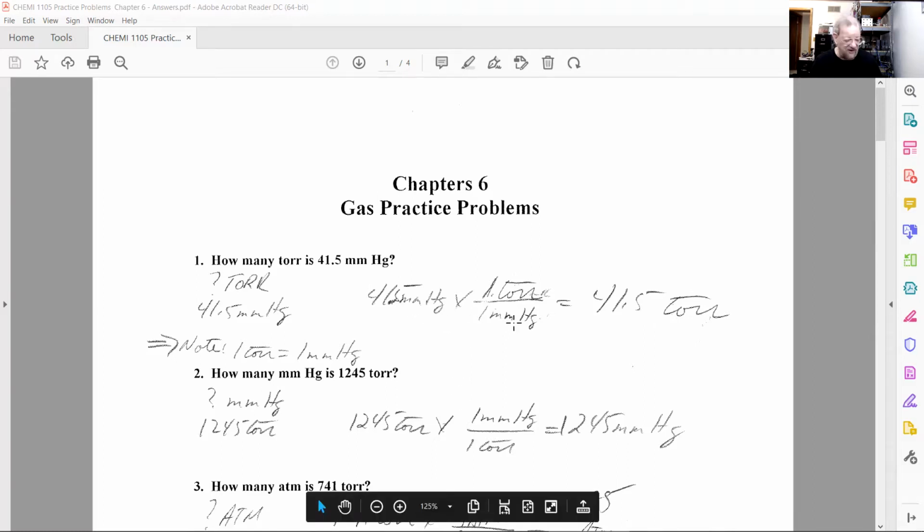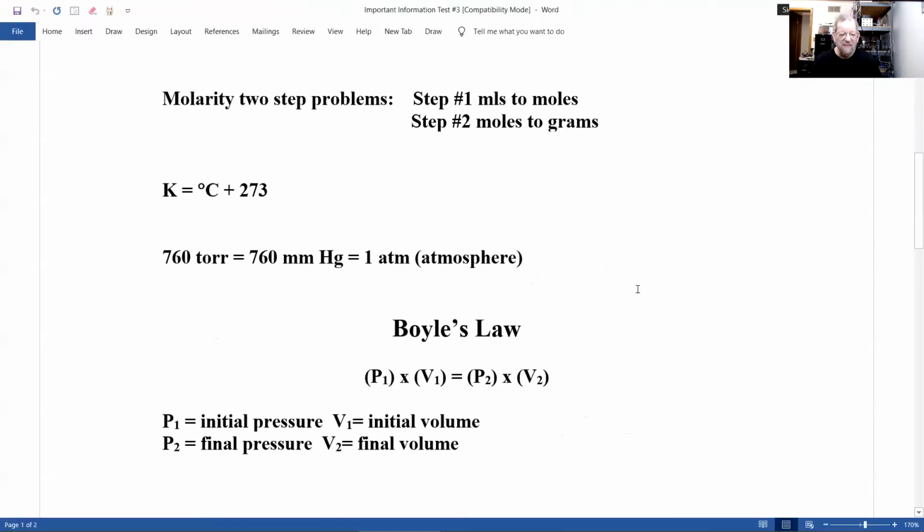Now, I have here 1 torr per 1 millimeter of mercury. You could have also put in 760 and 760. And where would you get that? If you look at the important information for test number 3, here's the relationship between torr and millimeters of mercury.